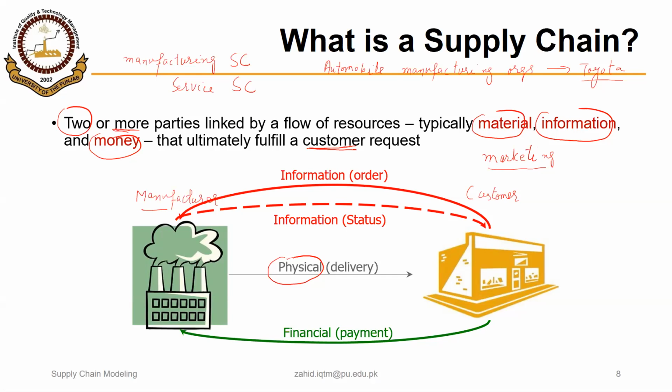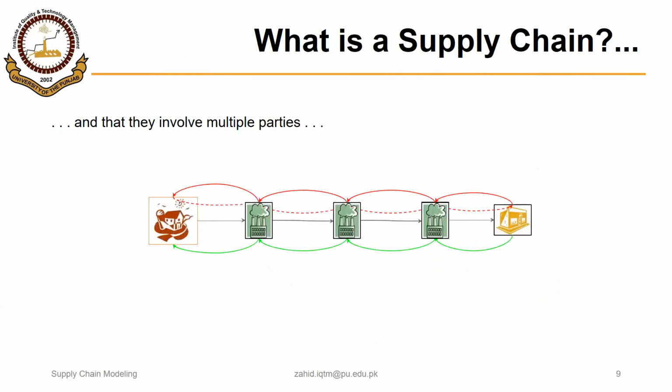Now, practically, the situation is, of course, more complex than this. So in this case, for example, we have, again, let's suppose one party, the supplier, on the extreme left side, and a customer on the extreme right side. And here I would emphasize that the words supplier and customer are relative, in the sense that it depends upon the scenario we are talking about.